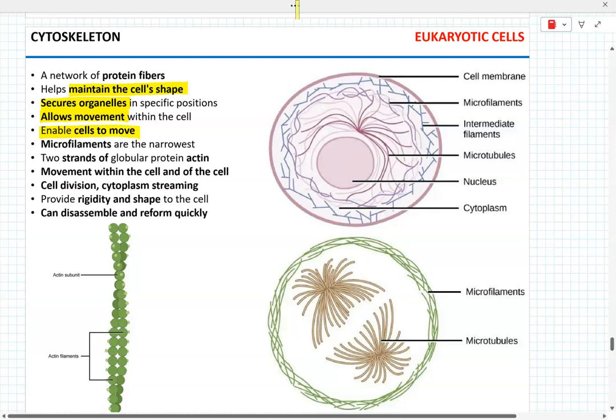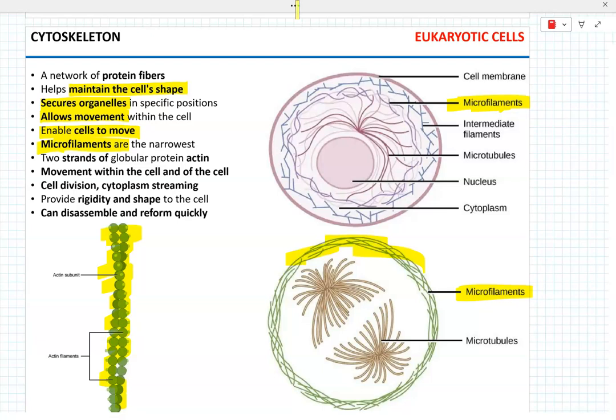The narrowest types of cytoskeleton filaments are microfilaments, shown here. Microfilaments consist of two strands of the protein called actin, organized in chains. Microfilaments facilitate the intracellular movement and the movement of the cell itself.